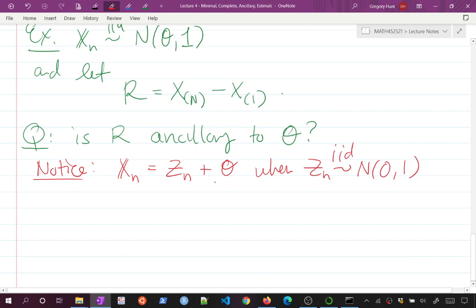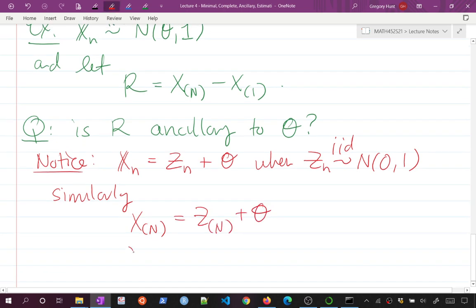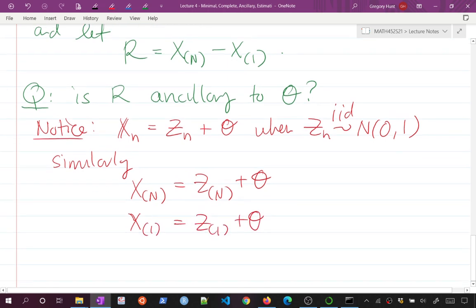So my X_n's can all be equivalently decomposed as some standard normal Z_n plus some shift theta. And similarly, this means that the maximum of the X's is just going to be the maximum of the Z's plus theta, and the minimum of my X's is going to be the minimum of my Z's plus theta. Why is that true?